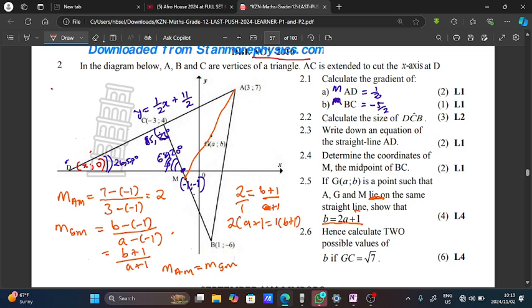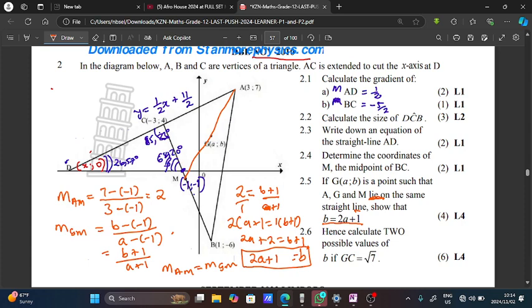Is that correct? That is cross multiplication. And now we have 2A plus 2 equals to B plus 1. Now can you solve for B? Then B equals to 2A plus 2 minus 1, which is 2A plus 1. Now you've shown that your B equals to that.